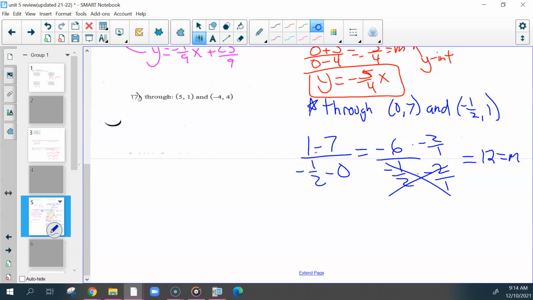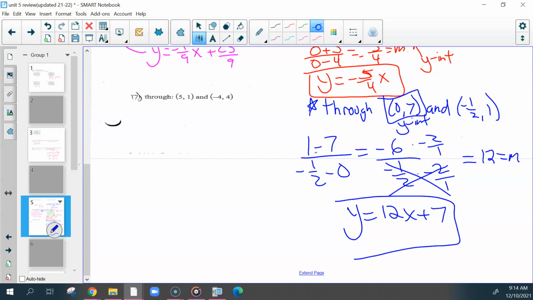Do we know our y-intercept? Yes, 7. They gave us that, so we don't need to solve for that. So y equals 12x plus 7.